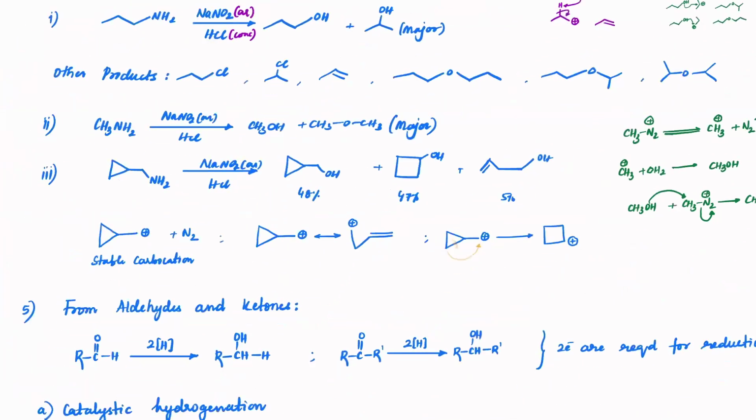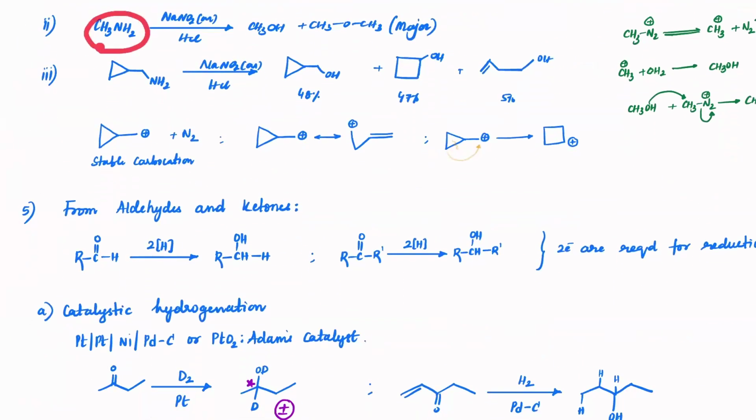next, notice if you have a primary amine like this, react with NaNO2 and HCl, you get methanol and CH3COCH3. Now, in this case, instead of methanol, you will get ethers as the major product.